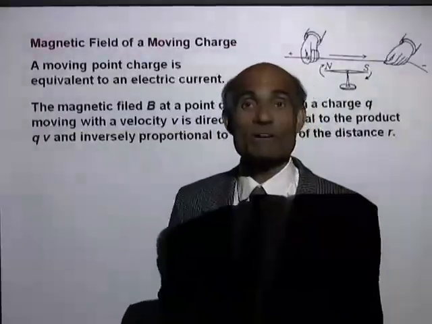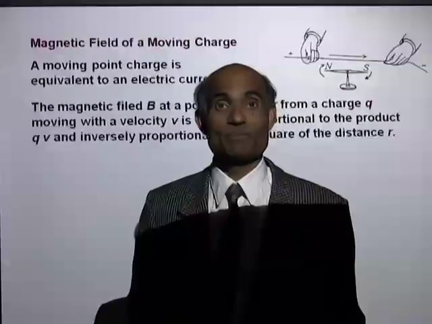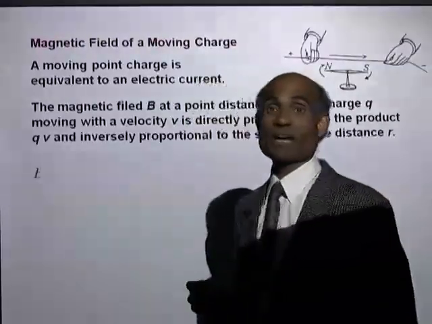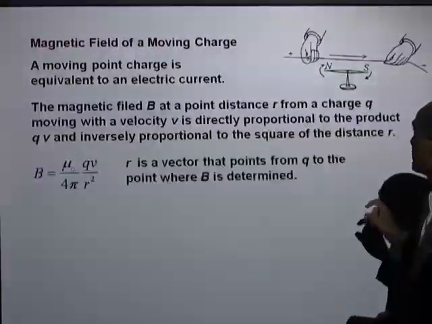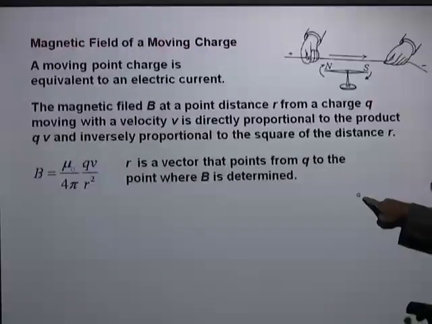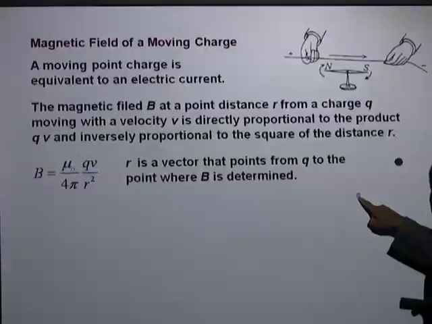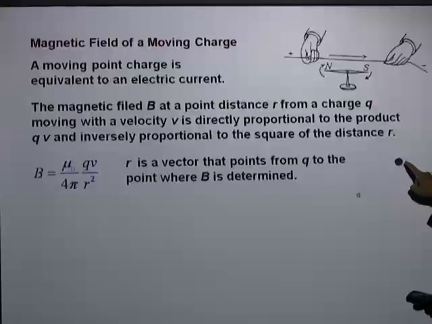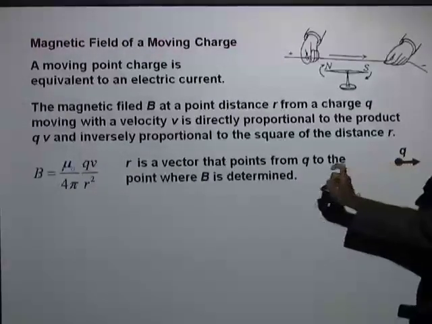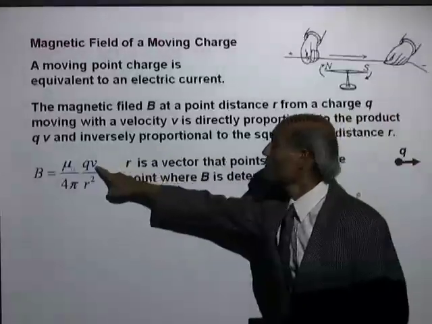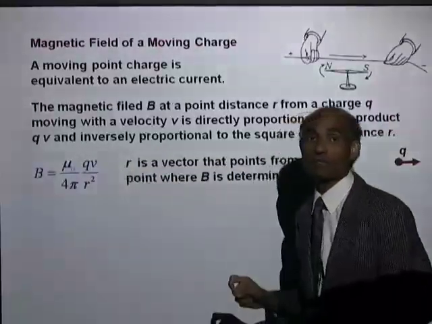Now we're going to have a quantitative expression. Suppose we have a charge Q. Let's say we need to find the magnetic field at this point due to this charge Q, and the charge Q is moving with a velocity V.